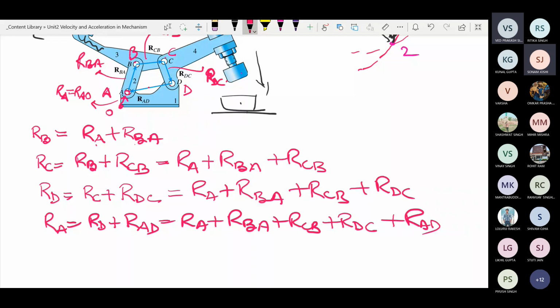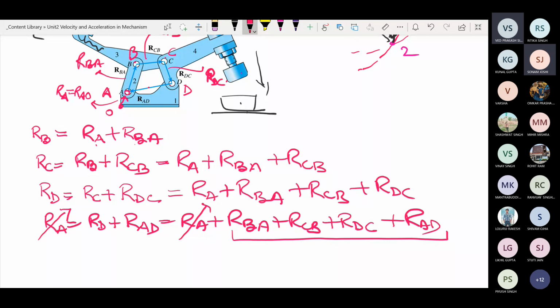So now if you see, on the left hand side you have got RA, and on the right hand side also you have got RA. So they will basically cancel each other. So what we are getting? We are getting basically these 4 terms, isn't it? And that is equal to how much? 0.